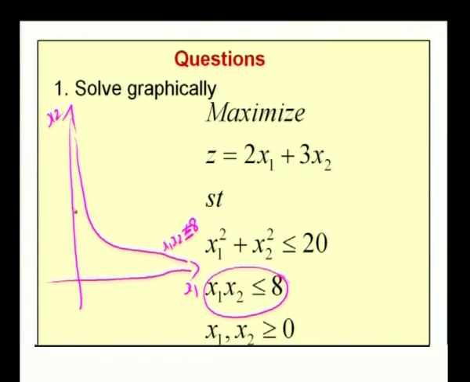Therefore, we have this curve for x1 squared plus x2 squared equal to 20. Now, the feasible region is the region which is common to both the curves. So, this is our feasible region. Now, in this feasible region, we will look into the optimal solution with the help of the usual methods. Thank you.